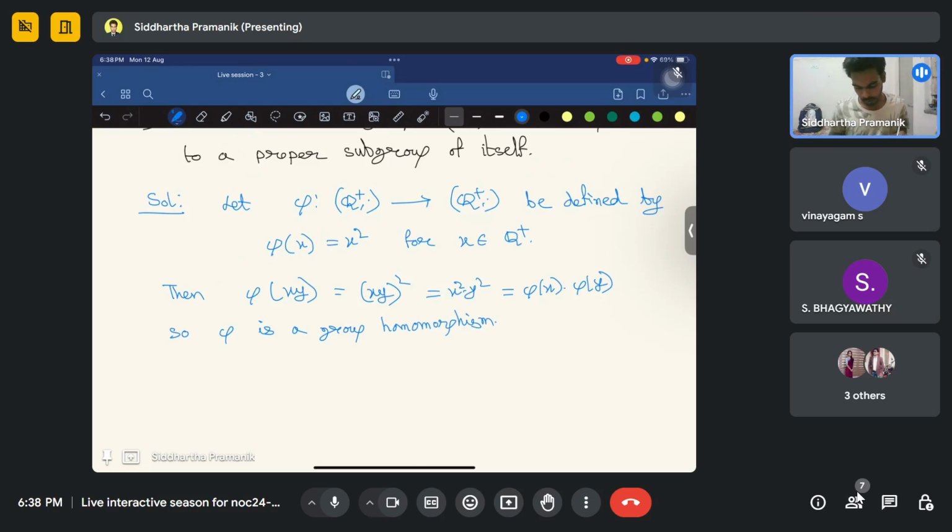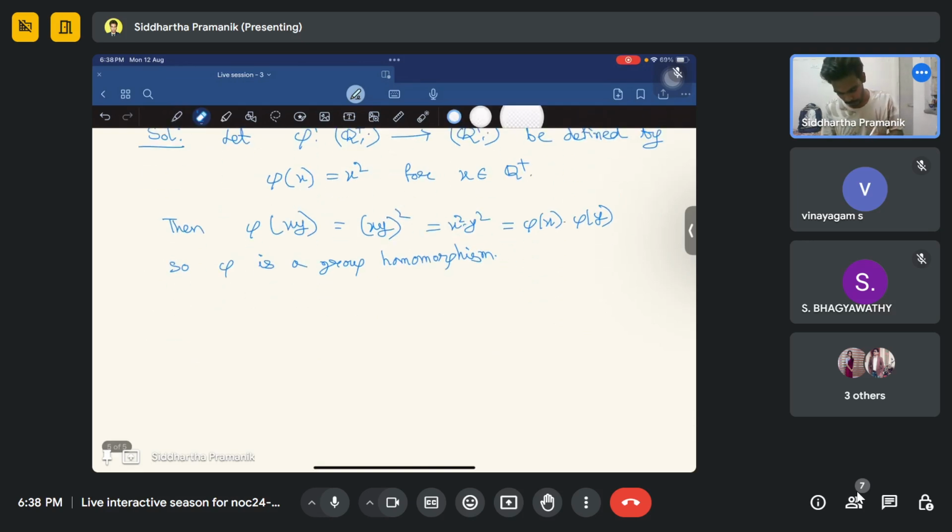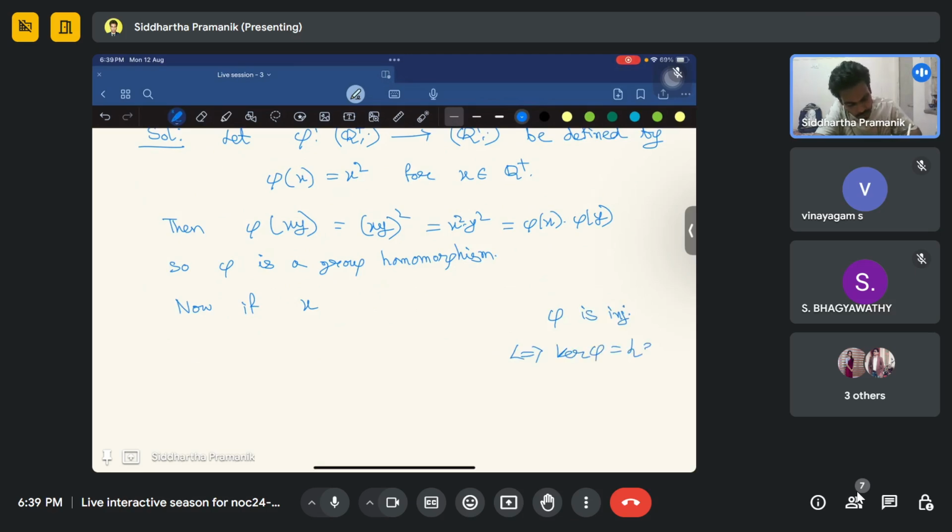Now observe that phi is in fact an injective group homomorphism. To prove a group homomorphism injective, what we need to prove? We need to prove phi is injective if and only if its kernel is the identity, right? So we'll use this fact here.